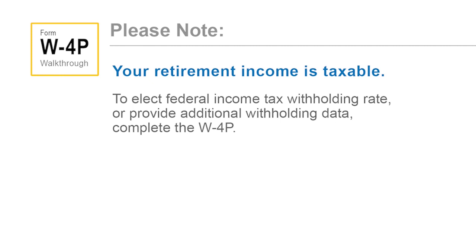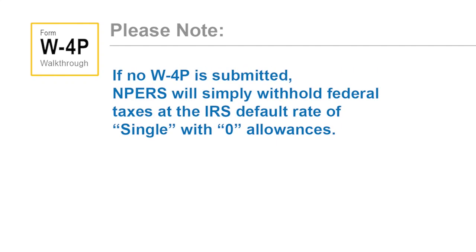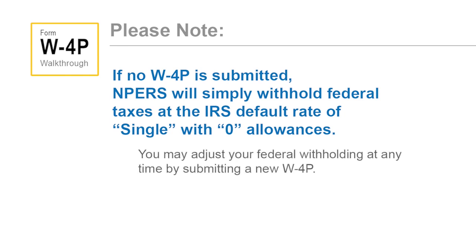If no W4P is submitted, or if the form is submitted incorrectly, NPERS will simply withhold federal taxes at the IRS default rate of single with 0 allowances. You may adjust your federal withholding at any time by submitting a new W4P.